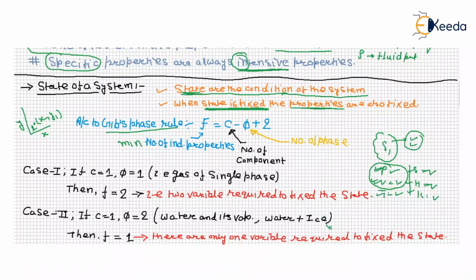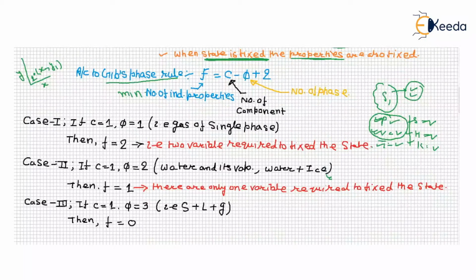by Gibbs. Let us understand with some examples. First, if the component is one and the phase is one, that means the system has a single component and single phase. That means a gas.